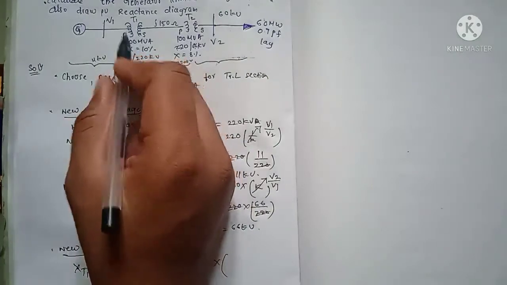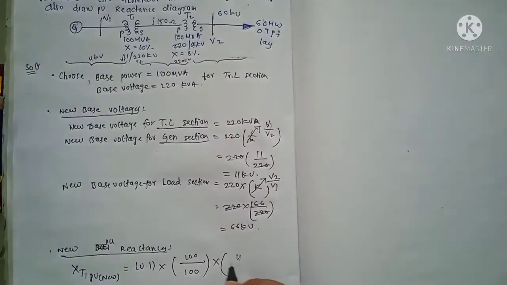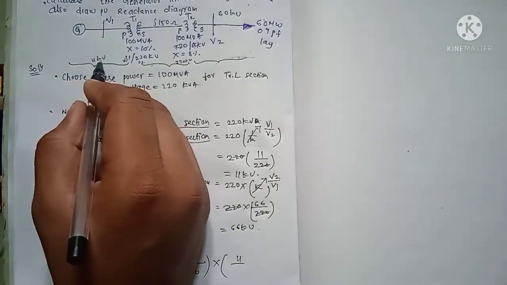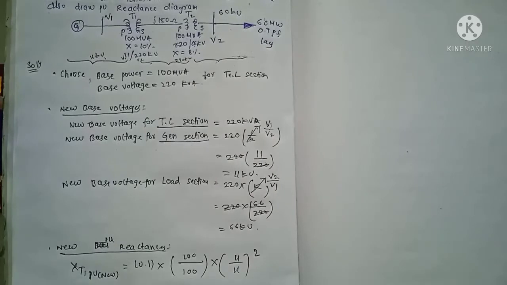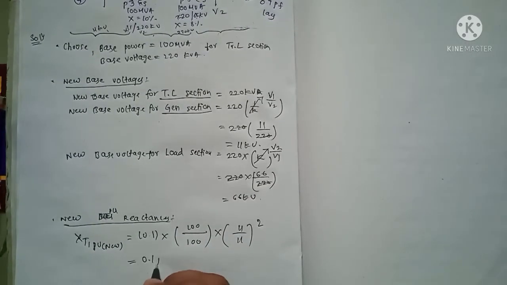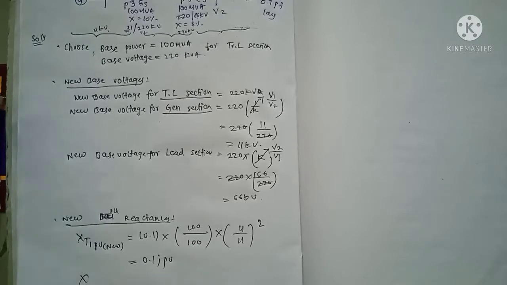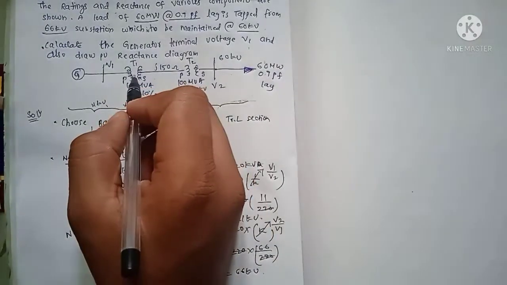Old voltage, they have given, I took this as primary. I will take 11, the generator section voltage, now 11 whole square. This gets cancelled, all are the same. 0.1 j pu. Next, we have calculated the T1 reactance.